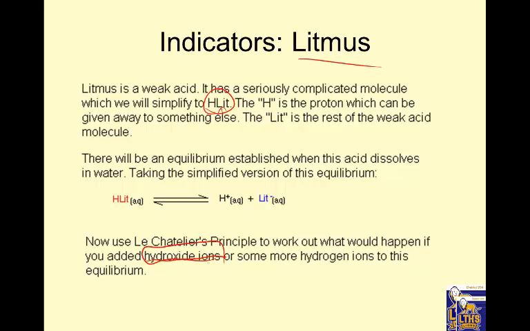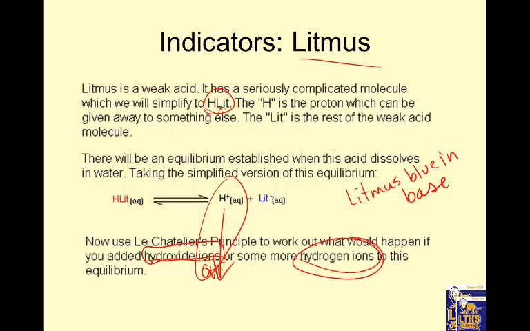Hydroxide ions are OH minuses. OH minuses combine with H pluses. So if I put this in, it'll pull that up. What happens when you leave a hole? Shifts to fill the hole, so it's going to turn blue. Hydroxide is a base, so litmus turns blue in base, because the base removes the hydrogen, shifts the equilibrium over to the blue side.